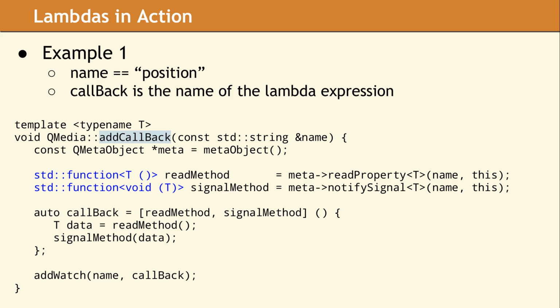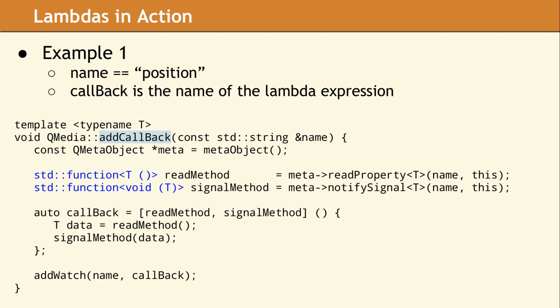The meta object is a class which provides functionality to look up properties by name at runtime. The read property is a method of the meta object, and in this example, it returns a function object, so we can assign it to a variable with a data type of std::function. The template parameter indicates the return type and argument types for the function object it is storing.